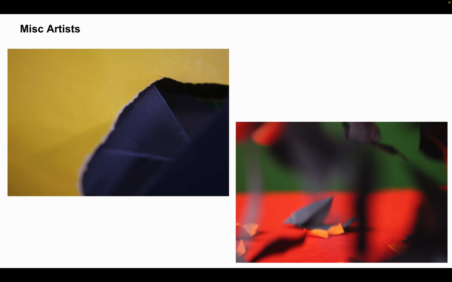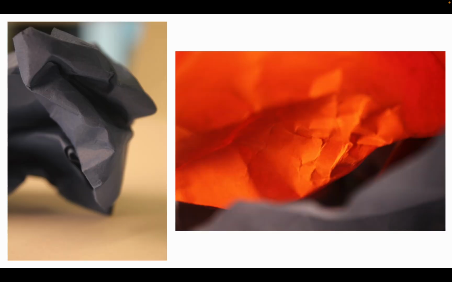While others, like the one on the right, you're starting to get more foreground, middle ground, and background. It almost looks like a landscape where you have things really, really up close that are blurry, things that are in the middle ground that are a little bit more in focus. But once again, all done with paper.